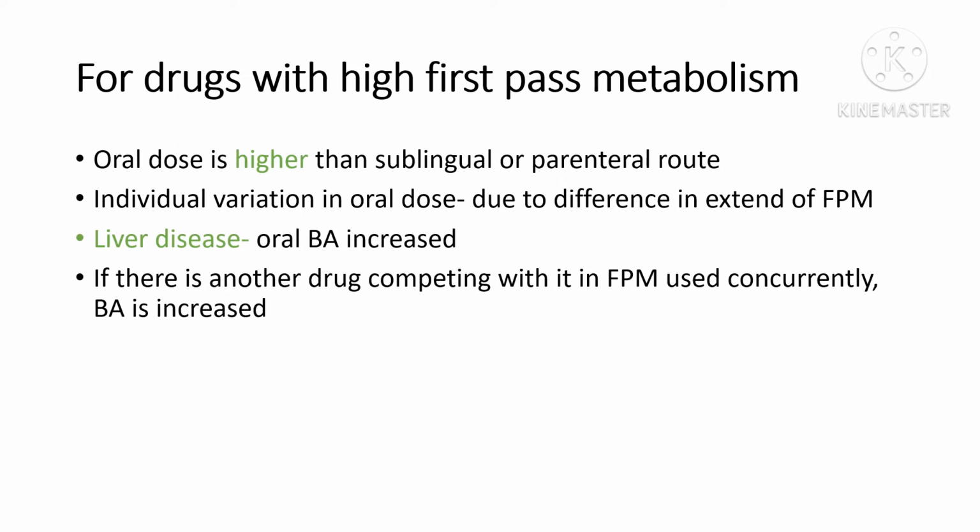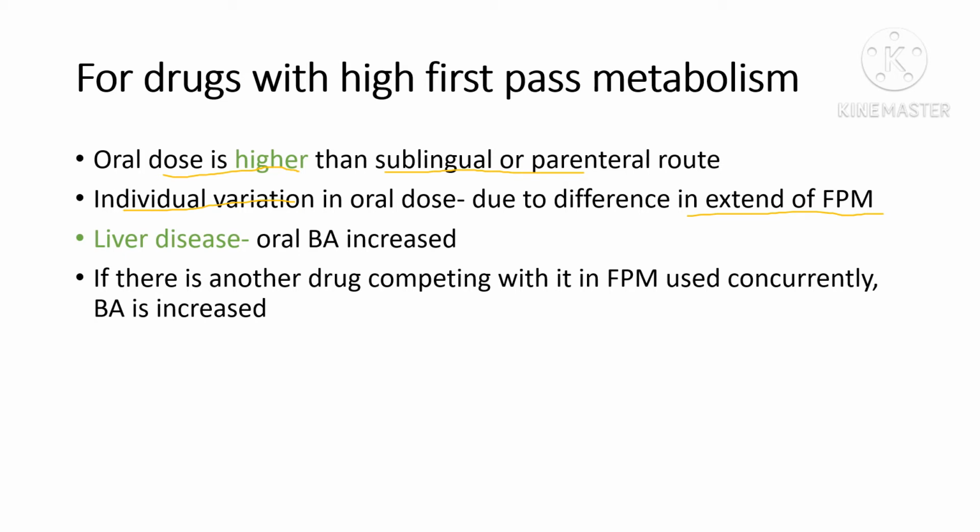Here you can see some characteristic features of drugs with high first pass metabolism. So these drugs, that is drugs with high first pass metabolism, oral dose is higher than the dose with sublingual or parenteral route. Also there is individual variation in oral dose. This is because the extent of first pass metabolism is different in each individual, and so there is individual variation in oral dose.